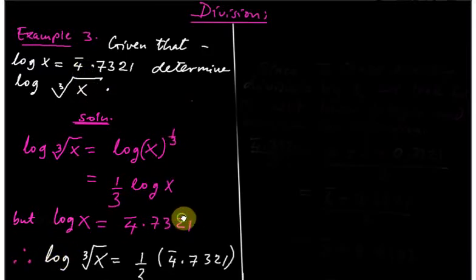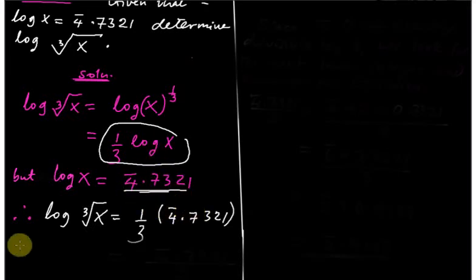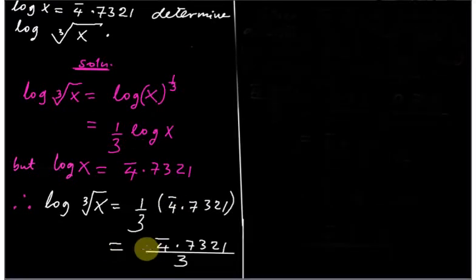So therefore, the logarithm of the cube root of x is equal to 1 over 3 log x, but log x is equal to this. So it's equal to 1 over 3, then we replace log x by this number here. So this is equal to bar 4.7321 divided by 3. It is the same when you write like that, times 1 here to give you this.